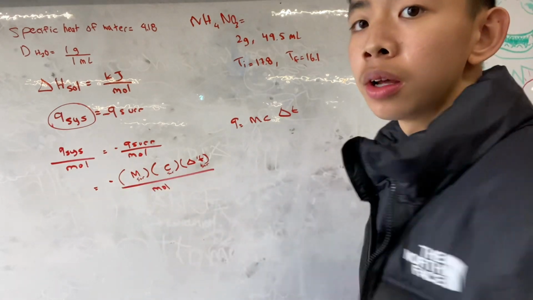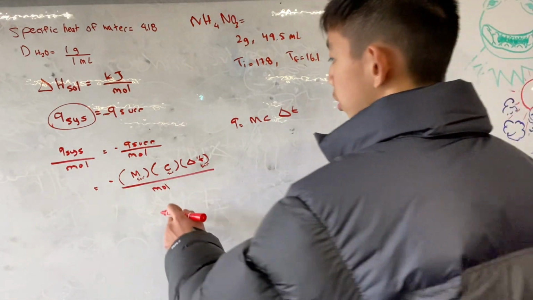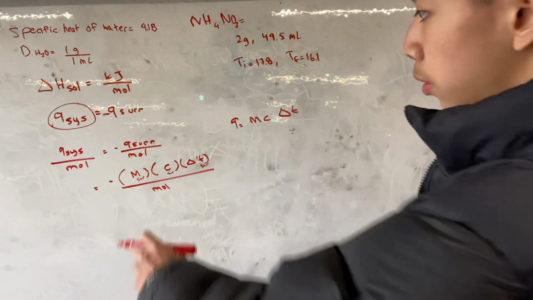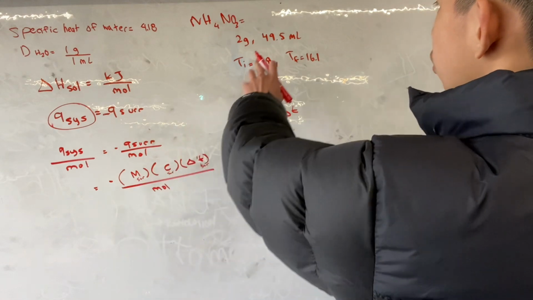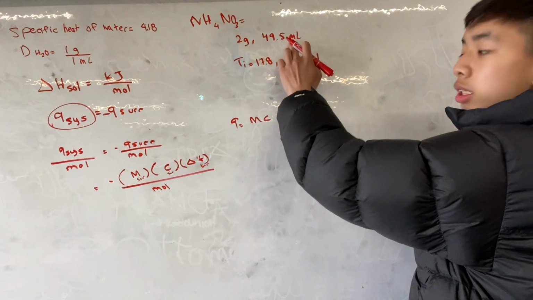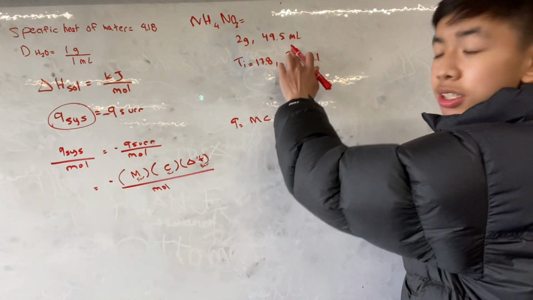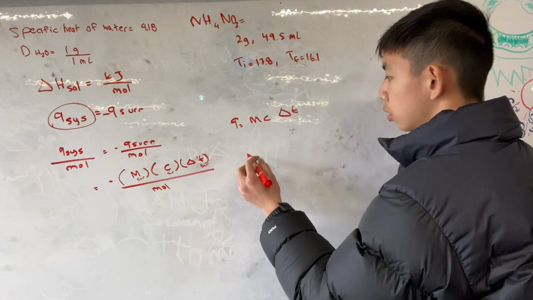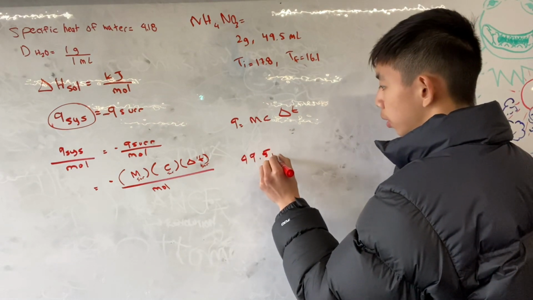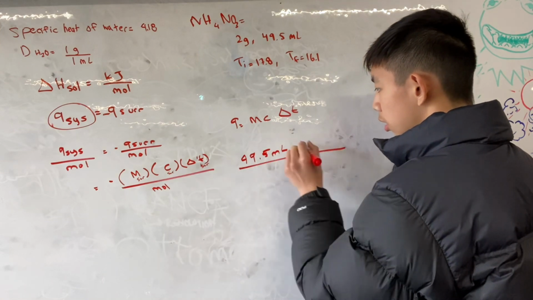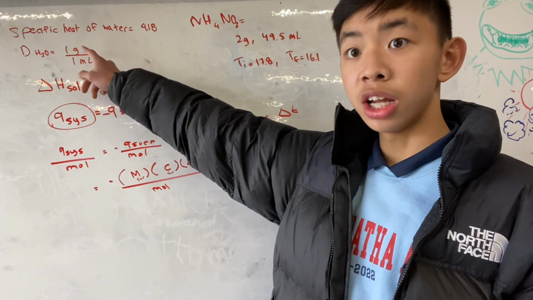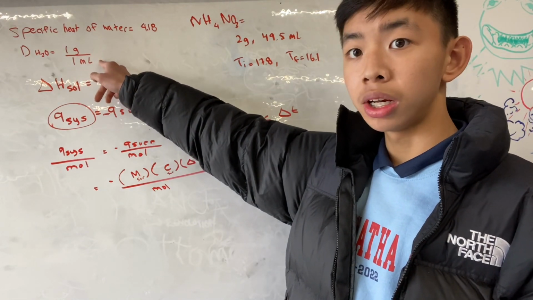To find the mass, it has to be in grams. The mass of the surroundings, you're given, my mass is 49.5, but this is 49.5 milliliters. So we need to convert this to grams because mass can only accept grams. So 49.5 milliliters, and the reason he gave us the density of water is because it's grams over milliliters.